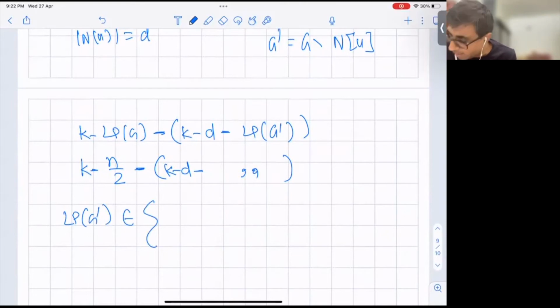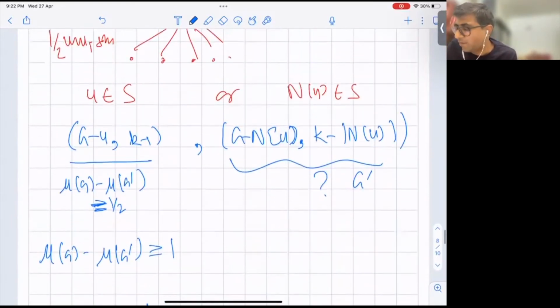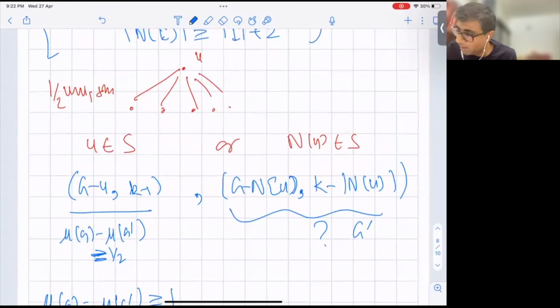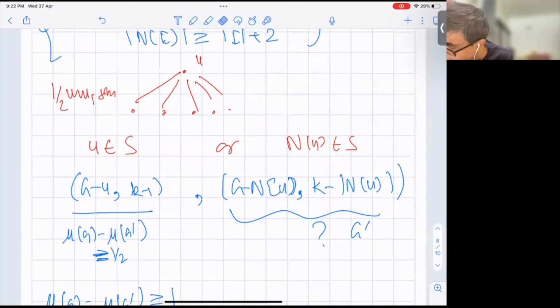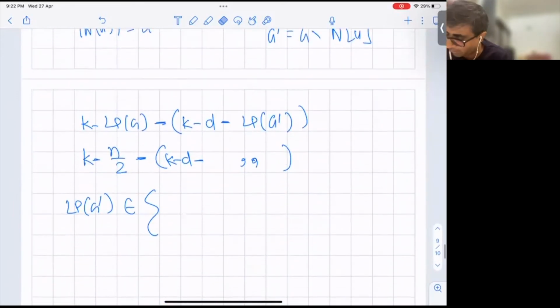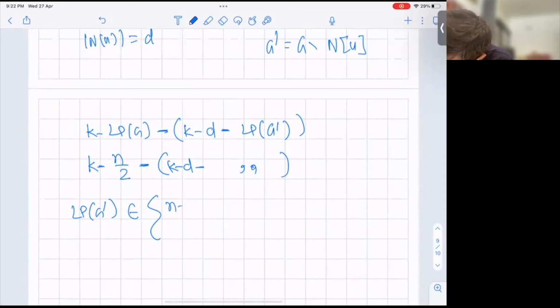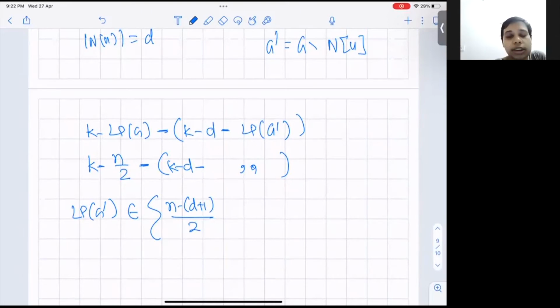Anyway, the next reduction rules will take care of these things. Let's forget it, I think we should be fine. So what is this? It is (n minus d plus 1) by 2, right? Is that okay?